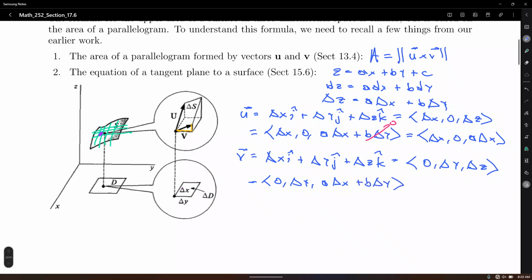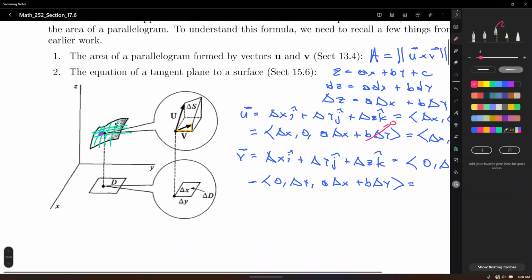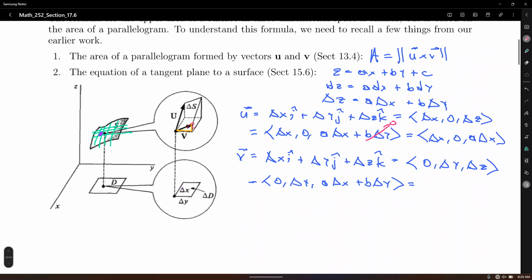Because vector v is only moving in the direction of y and in the direction of z, that means delta x will be 0. So that'll give us as a result the vector 0, delta y, b delta y. You'll see in a second why I'm writing all these delta z's in terms of delta x's and delta y's. You'll see.